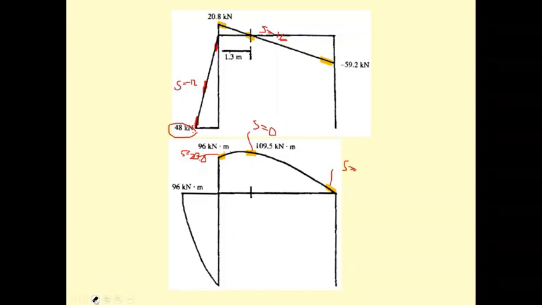This is going to be minus 59.2. And then for the column, we have the slope here, which is equal to 0, and the slope here is going to be 48.